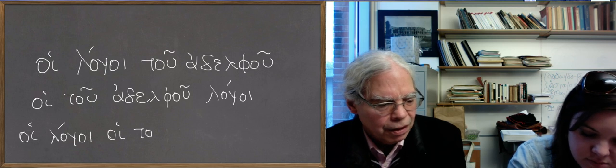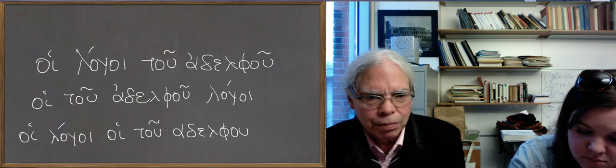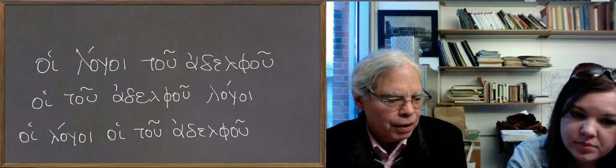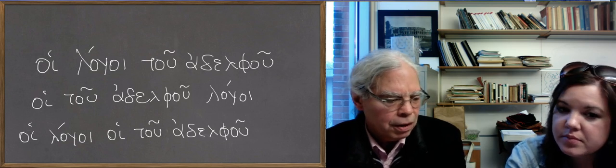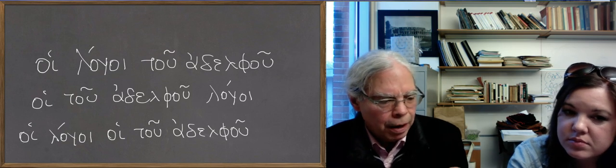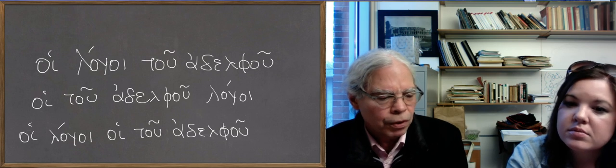Okay, so if we translate these literally, we get something very weird from an English-speaking point of view. If the first one is the words of the brother, that's the way it comes naturally to us. But to Greek, what comes naturally is the of the brother words. That's a way of making sure that you understand that tu adelphu goes with hoi logoi.